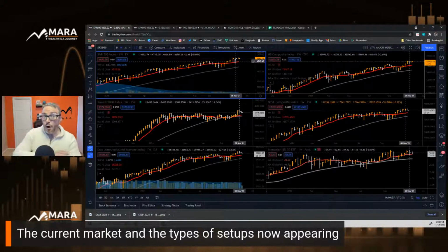Names that have already run and are now forming maybe their second base or their third base. Maybe you're seeing some IPOs, right? It's those types of things that you're starting to look for, because again, the idea is that we want to not just find any old setup, right?